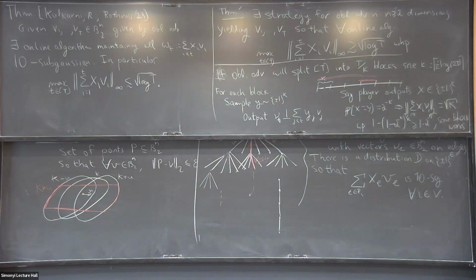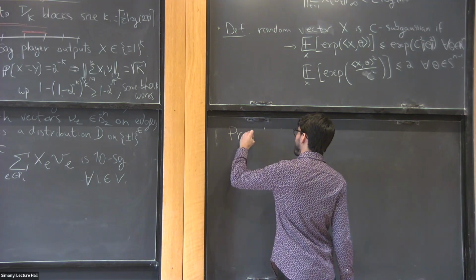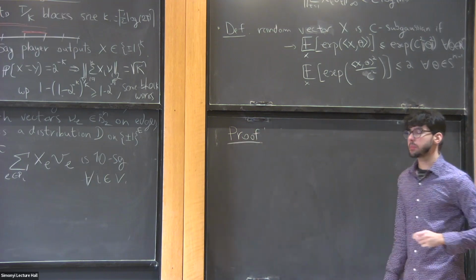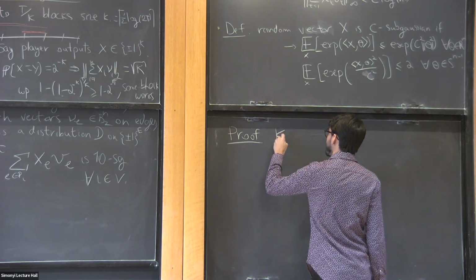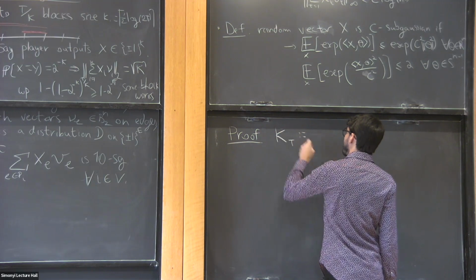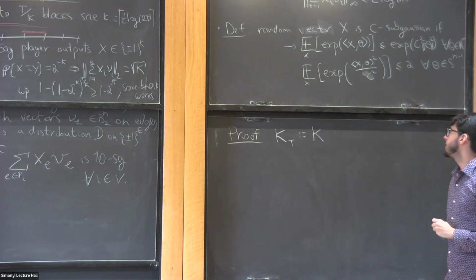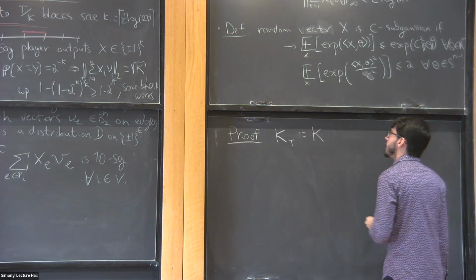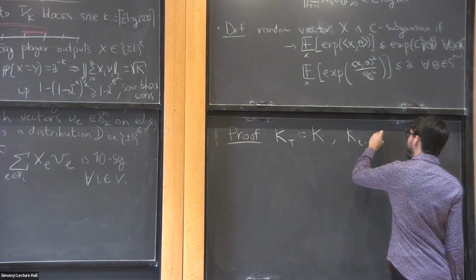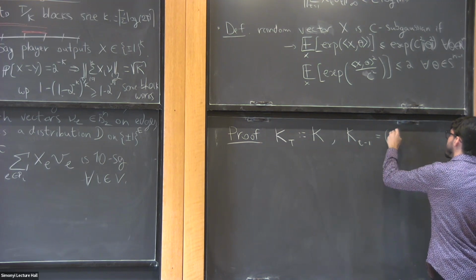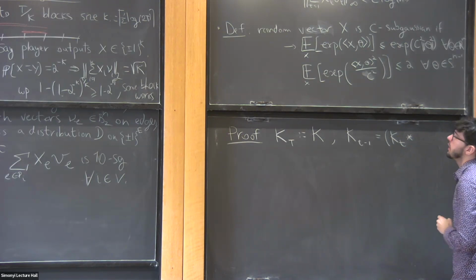So here's Banaszczyk's idea. He defined a sequence of convex bodies starting from the last one. So the last one is just going to be the original convex body K. And in order to compute the previous one, well, I take my Kt and I apply this operation to it.